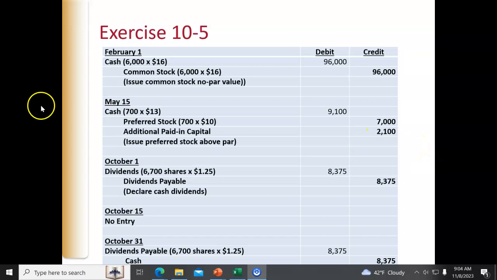When we declare dividends, we debit our dividends, credit our payable. On the record date, there's nothing we do. And the date we pay them, at that time we debit our payable and we credit our cash. Does that make sense, guys?